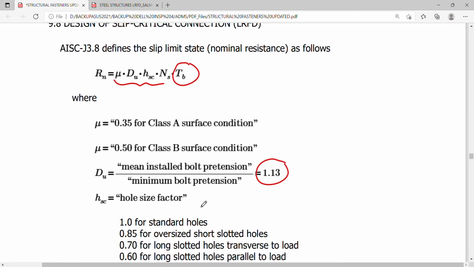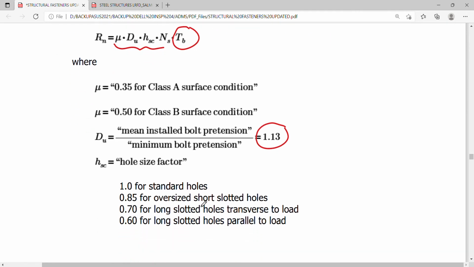hsc are hole size factors, which consider standard holes, oversized and short slotted holes, long slotted holes transverse to the load, and long slotted holes parallel to the load. Standard holes, of course, are simple holes like this.